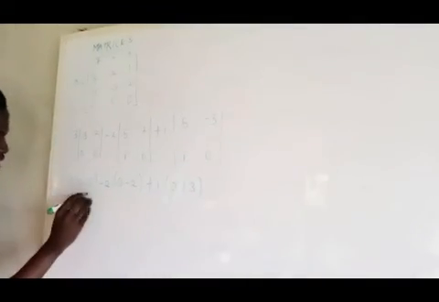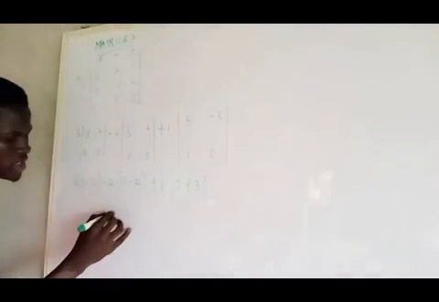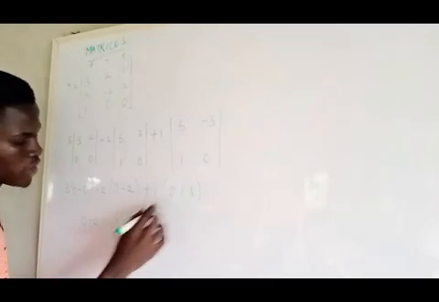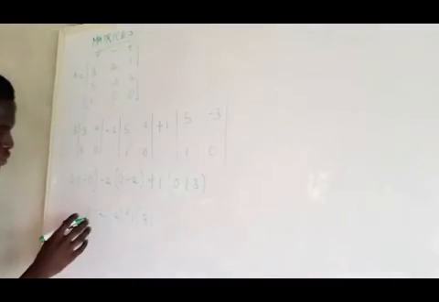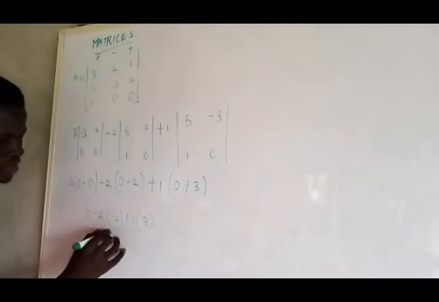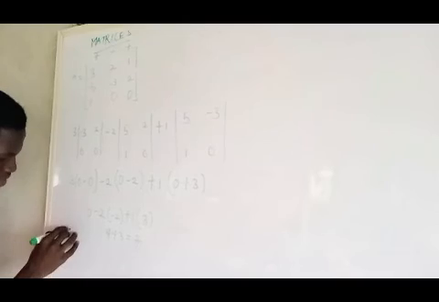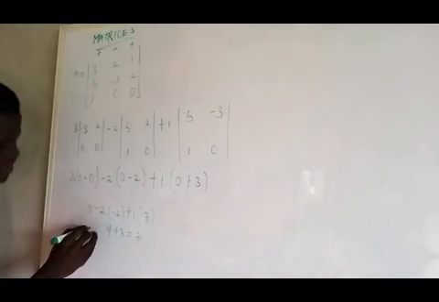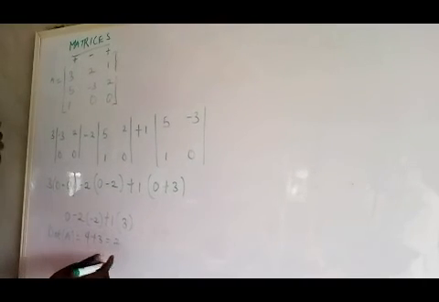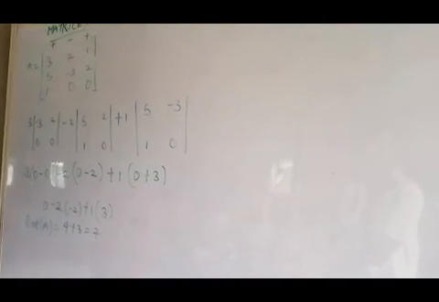So that means 3 times 0 will give us 0, minus 2 times minus 2 is 4, plus 1 times 3 is 3. And that will give us 7. So that means the determinant of this set A is 7. So you can go ahead and check for more examples on 3 by 3 matrices.